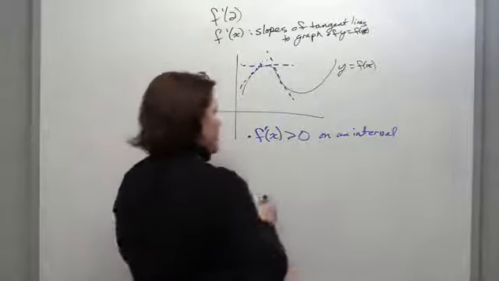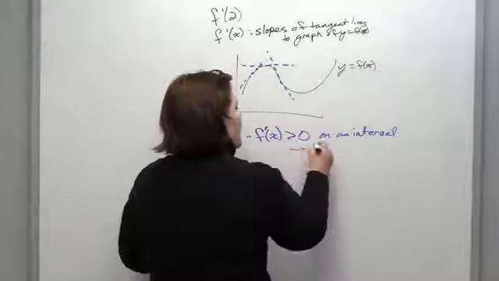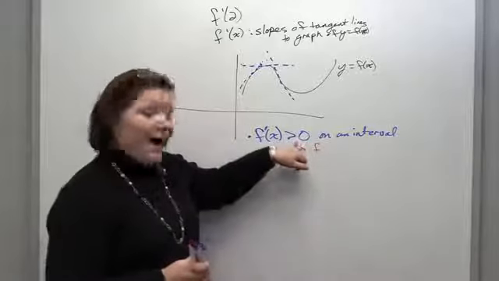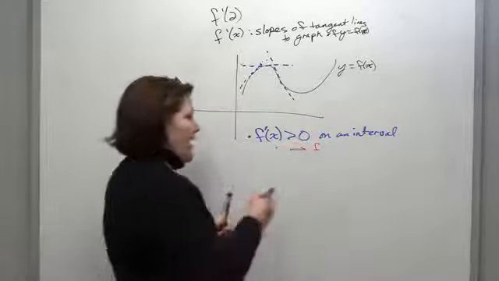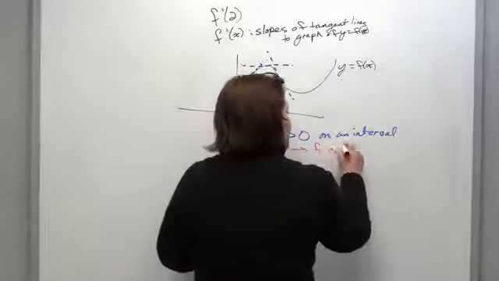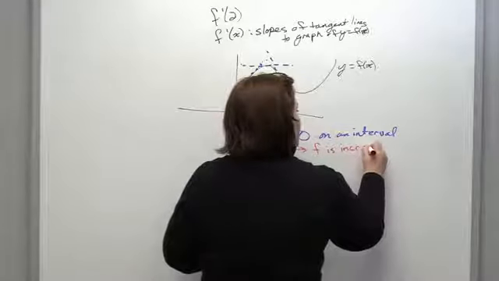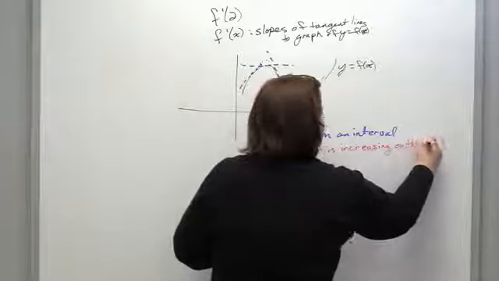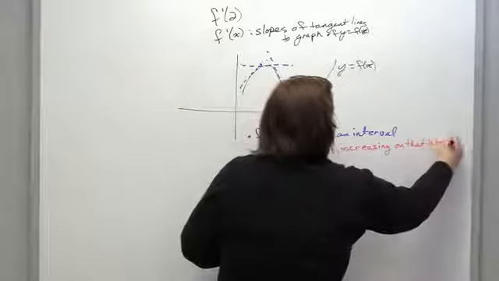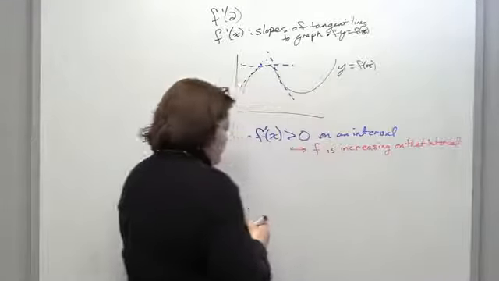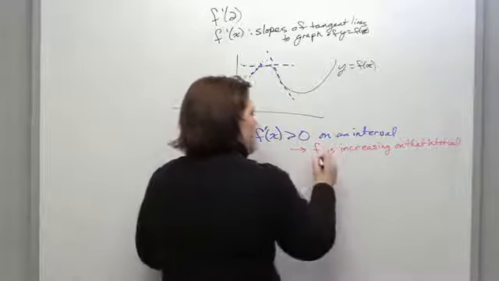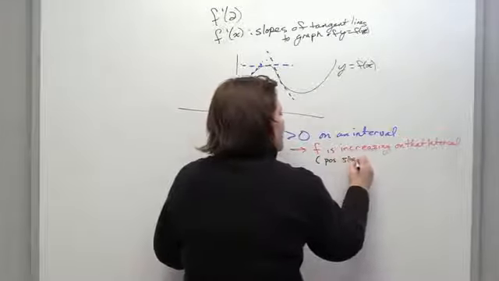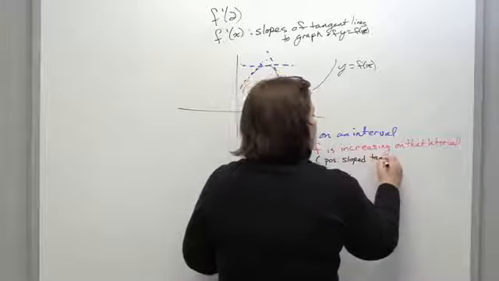This tells you that the slopes of the tangent lines are positive. So we have f is increasing on that interval, and it's because we have positively sloped tangent lines.